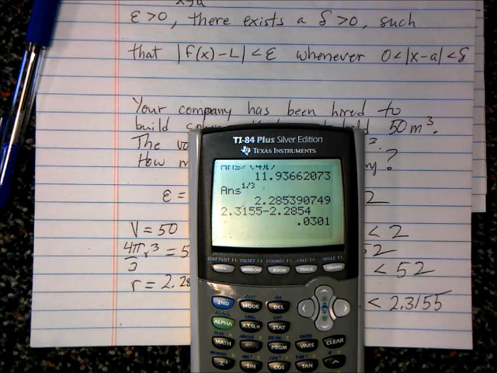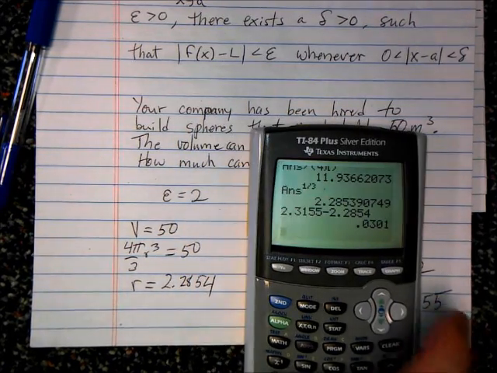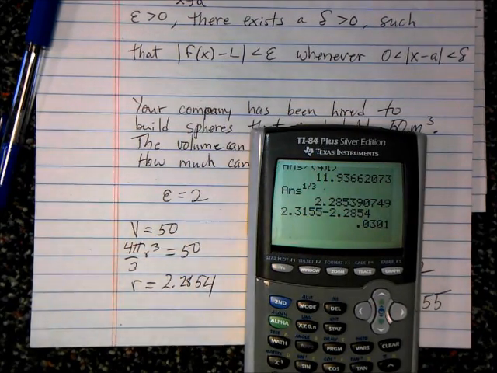So when we go to build this sphere, if we want it to be 50 cubic meters plus or minus 2, our radius has to be 2.2854 plus or minus 0.03. We can only be off by 3 centimeters, either too big or too small.